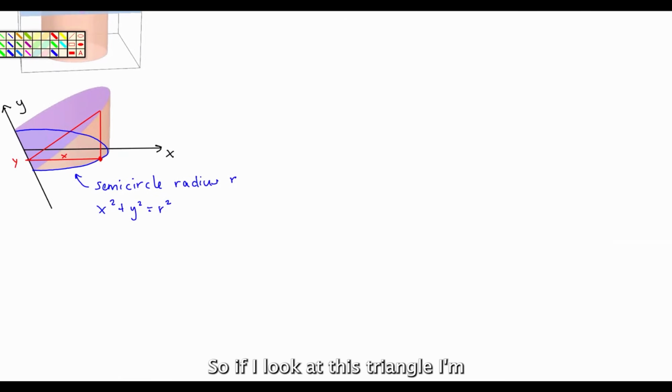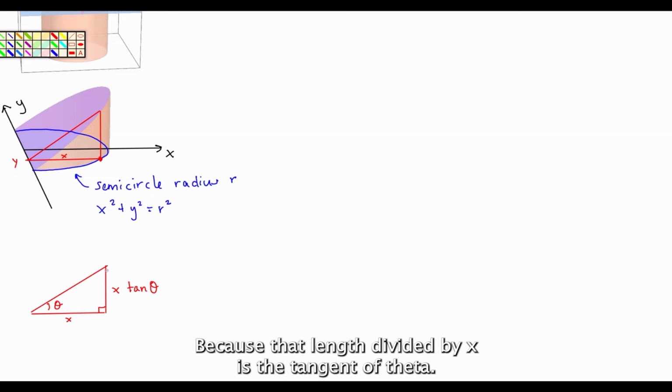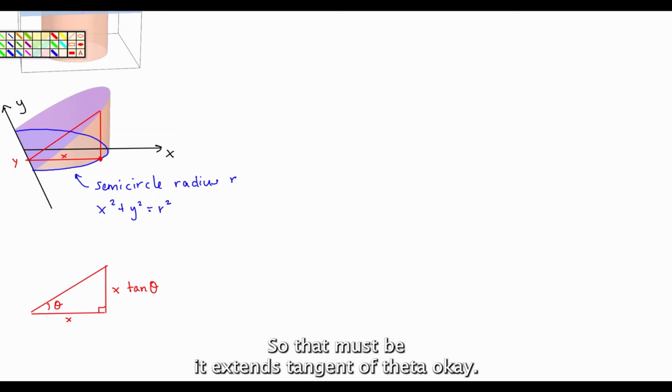So if I look at this triangle, I'm going to recreate that triangle here. It's a right triangle, and I have an x here, and this is theta. So this length is going to be x times tangent of theta, because that length divided by x is the tangent of theta.